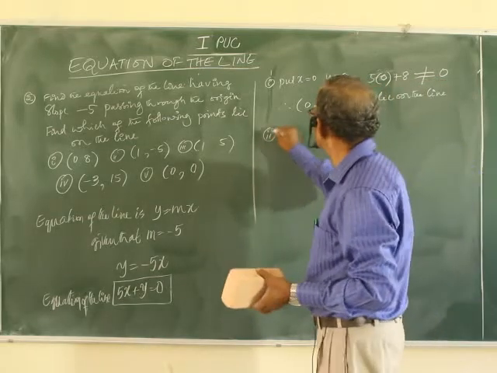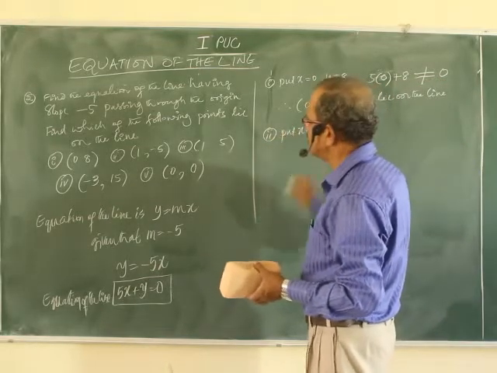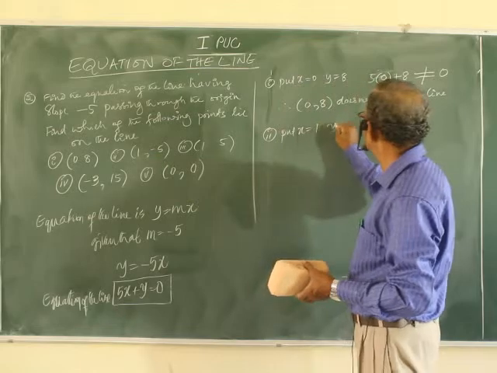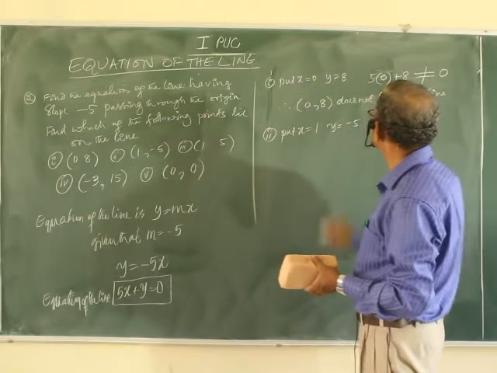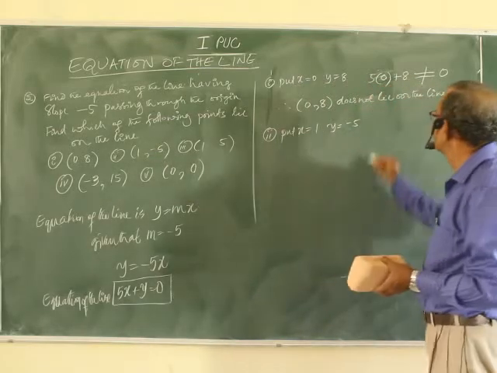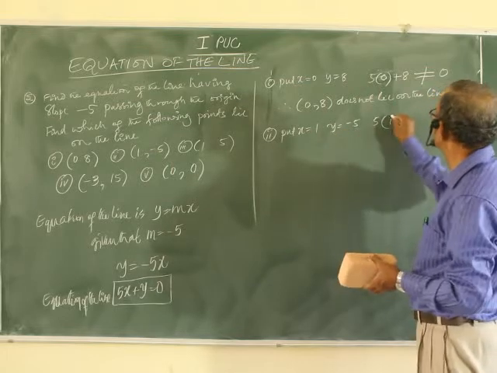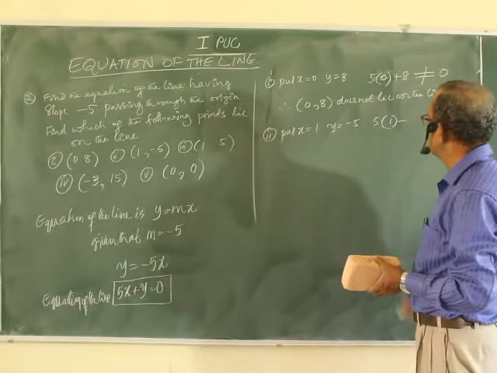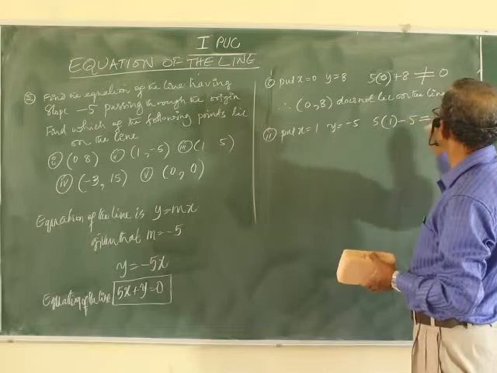Second one, put x equal to 1, y equal to minus 5. 5 into 1 minus 5, clearly 0, no doubt.